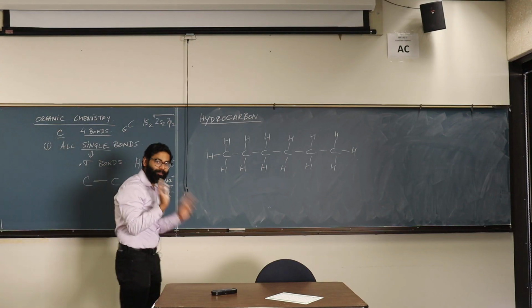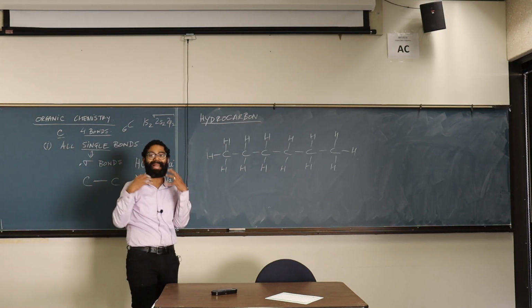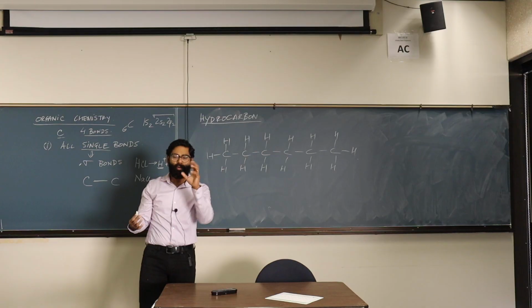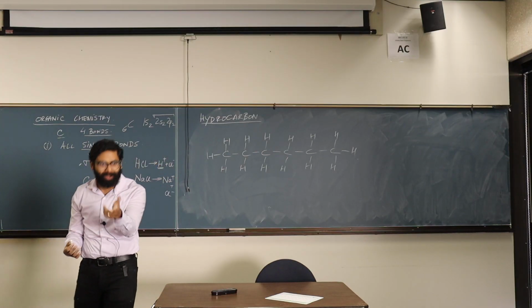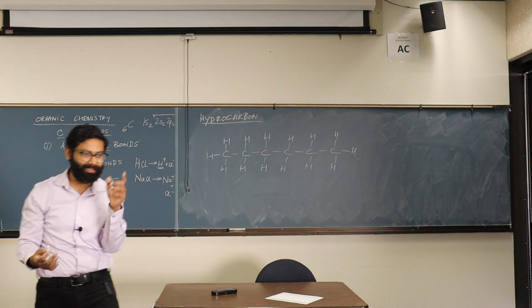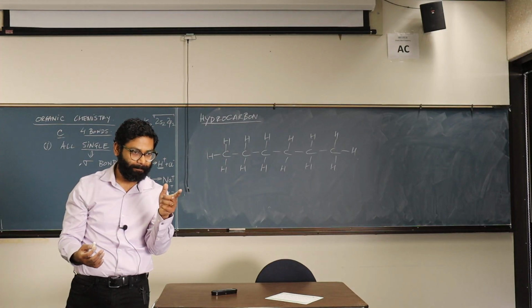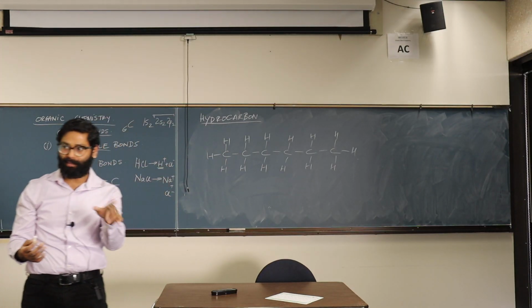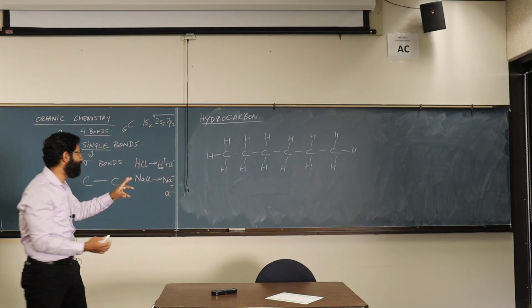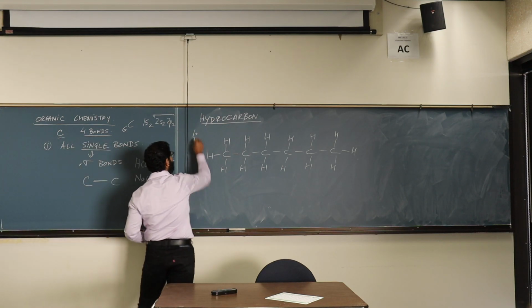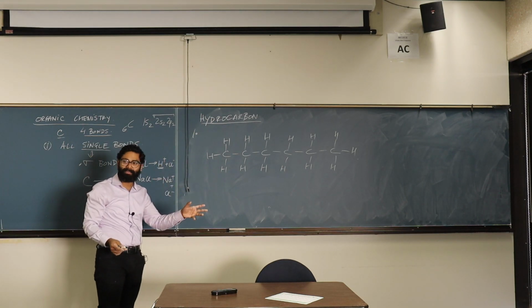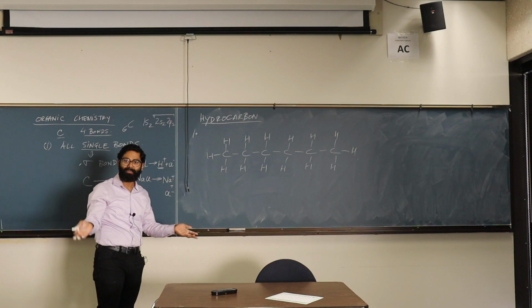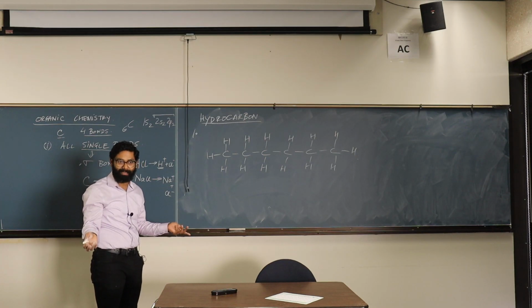This is also the simplest class of hydrocarbons, because what is the type of bond that you have in here? What are the types of bonds? All single, all sigma. So this type of hydrocarbon in which all bonds are single is called an alkane.